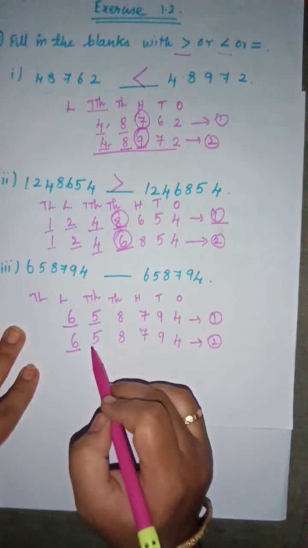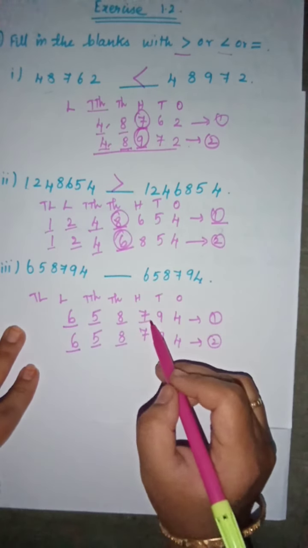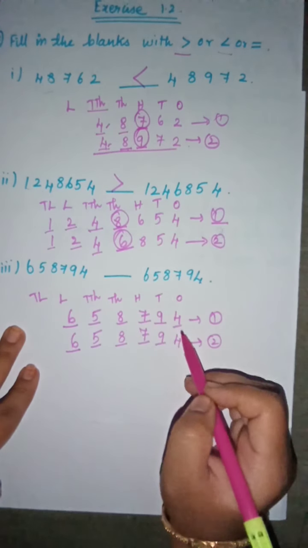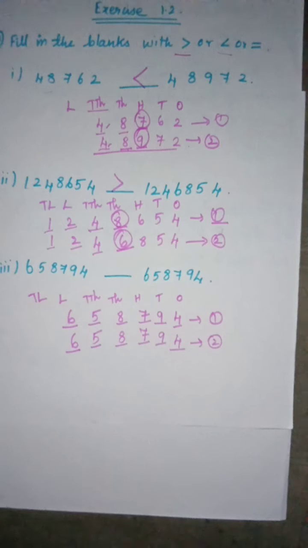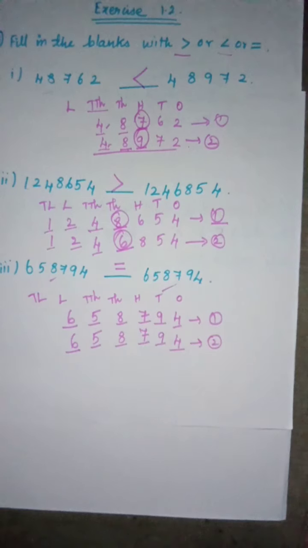Next 5 5, same. 8 8, same. 7 7, same. 9 9, same. 4 4, same. So all the digits I have given are same. So both the numbers are the same, so our answer should be equal to this number. Both the numbers are the same. Okay, can you understand, students, how we did?